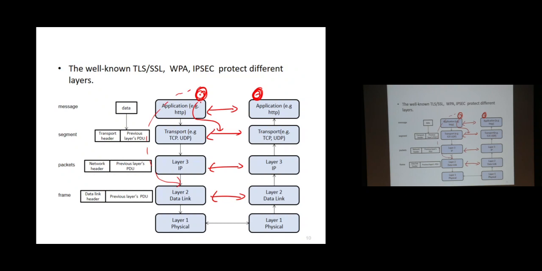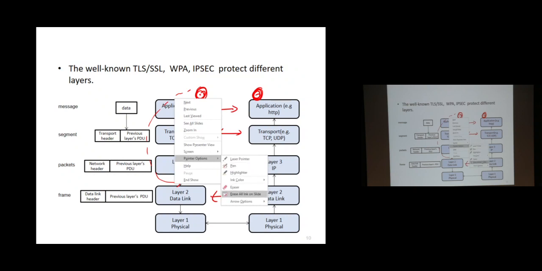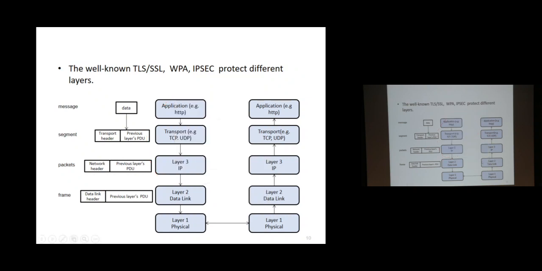So now you may wonder, if we have this mechanism of protection using crypto, at which layer should I protect? Should my cryptography and everything be done in this layer, or this layer, or this layer? So this becomes a very important design decision.